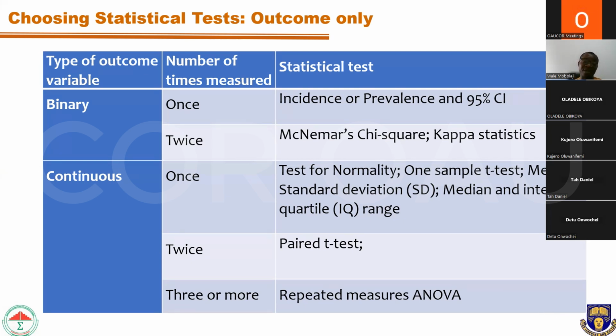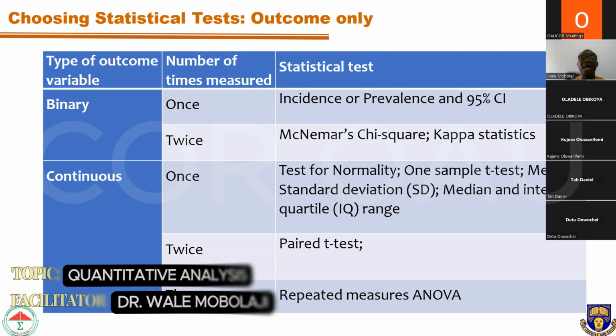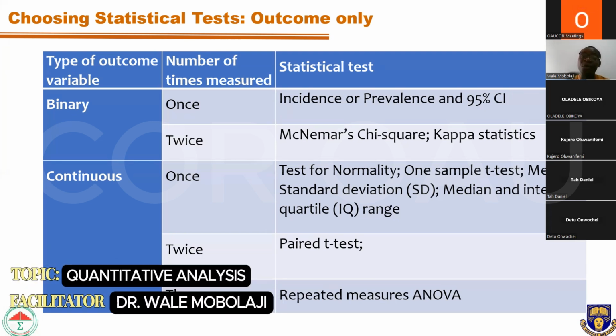It looks at the difference between the first and the second, and they are in percentages. Then you can also use kappa statistics, and that addresses whether there is agreement. Kappa statistics is used to look at agreement between two different measures, between the first and the second.